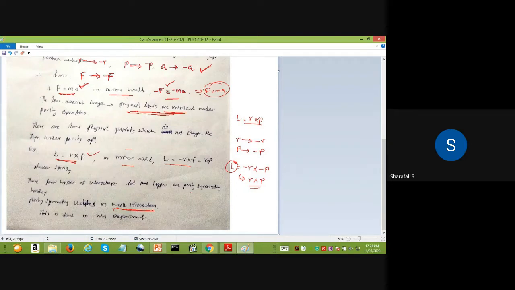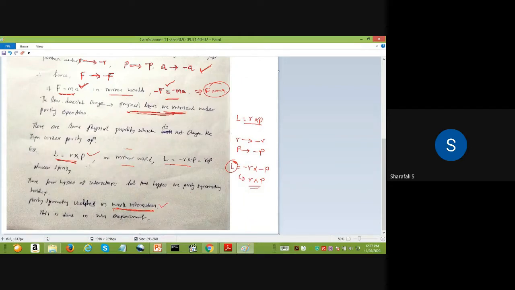All other forces follow parity symmetry, which means they will not change between the real and mirror world. So only the weak interaction has parity symmetry violation.